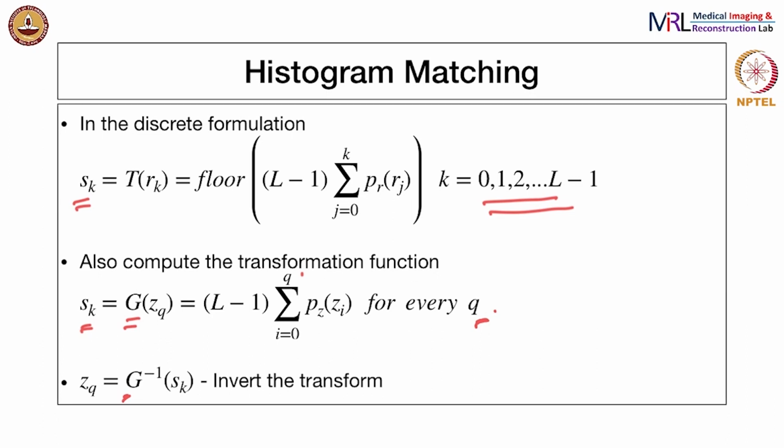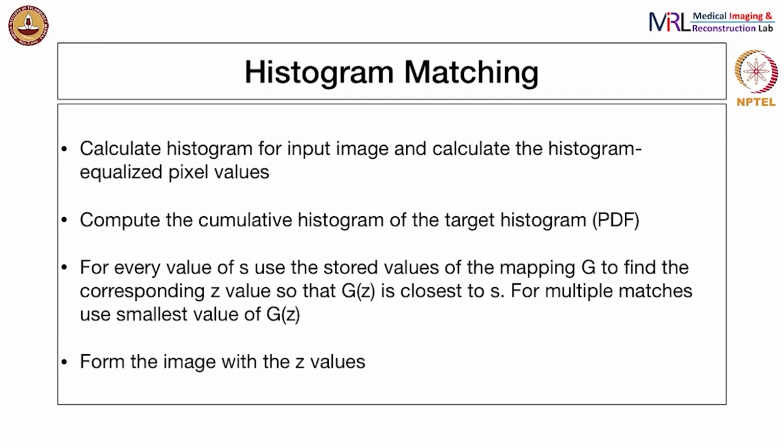Okay. So for a discrete case, this is the case where you are actually provided the histogram, not a continuous function, but rather a discrete function. So what we do is we calculate the histogram of the input image and the histogram equalized pixel values, right? We calculate S, so we do Sk as we want in the range 0 to L minus 1. Okay, we do this, right?